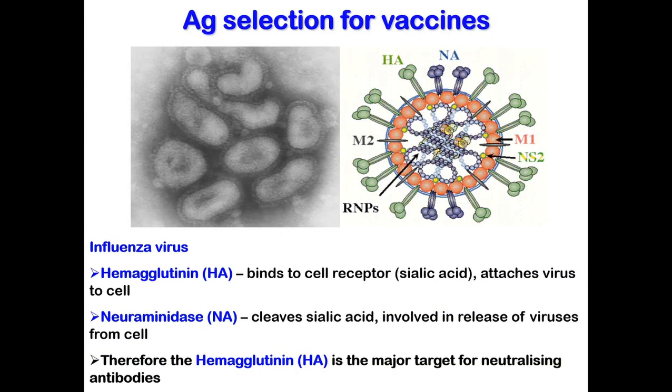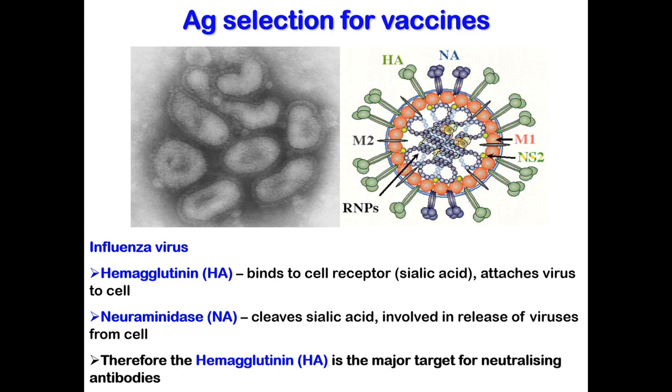So this slide looks at how antigens are selected for vaccines using the flu virus as an example. The flu virus has two surface proteins, hemagglutinin and neuraminidase, which play essential roles during virus entry into host cells and release from those cells.